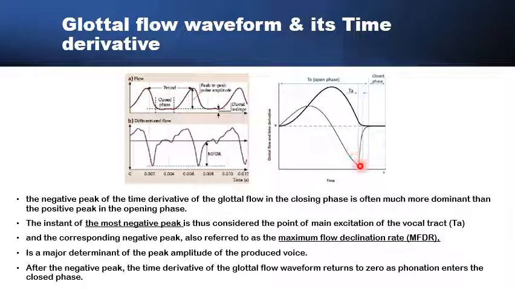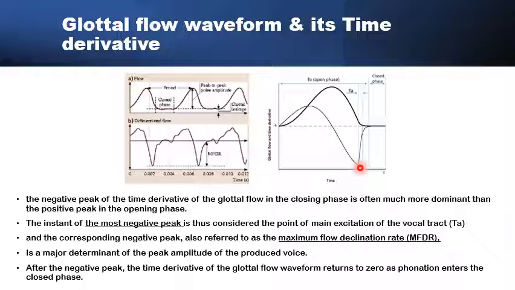The negative peak of the time derivative of the glottal flow in the closing phase of the flow is much more dominant than its positive peak in here. This is very dominant and clear.